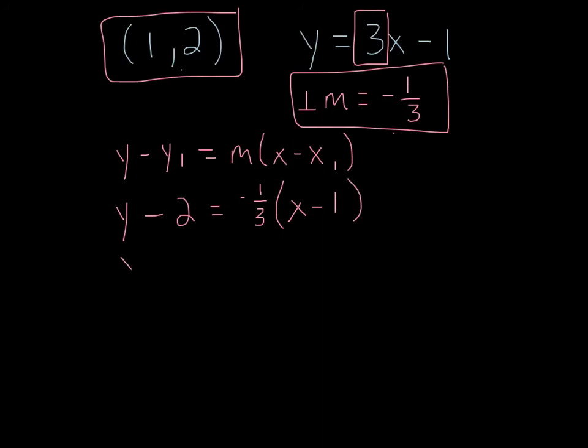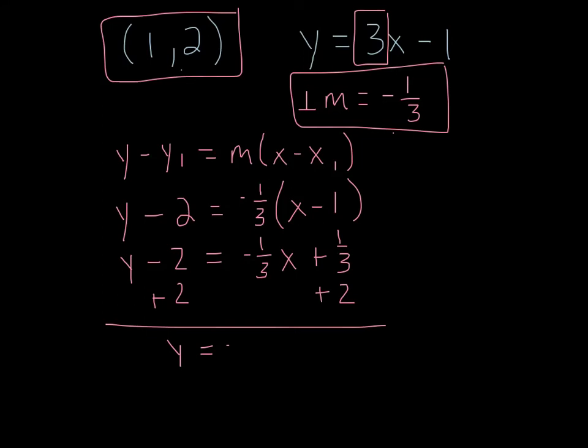Alright, so we distribute: negative 1/3 x plus 1/3. We're going to add 2 to both sides. y equals negative 1/3 x plus 2 1/3.